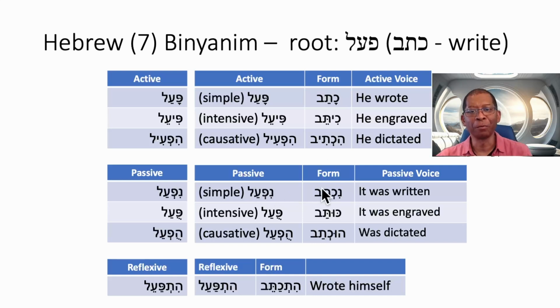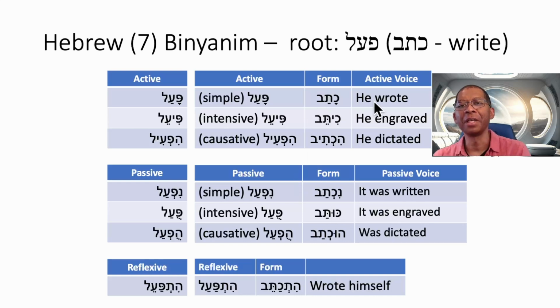Simple passive voice, it was written. Intensive active voice, he engraved. Intensive passive voice, it was engraved. And then we have causative active voice, he dictated. And then we have causative passive voice, was dictated. Okay, so that's the difference.